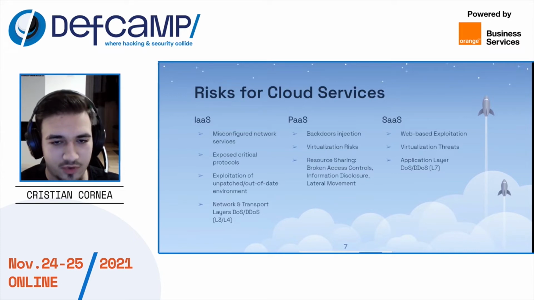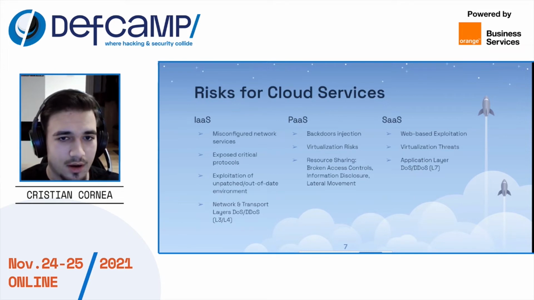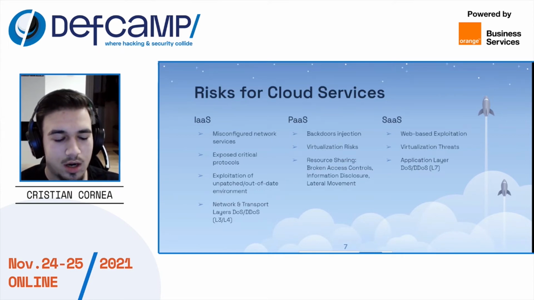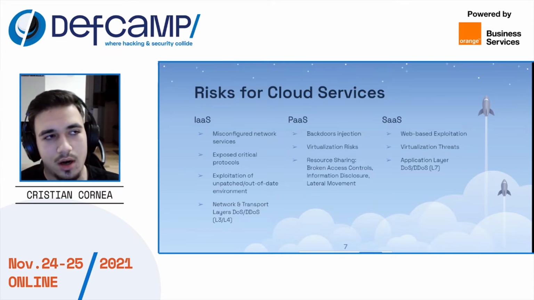We have virtualization risks, and a very big issue with platform as a service is that there are possibilities of exploiting the missing access controls. So some platforms as a service come by default with unrestricted access controls.